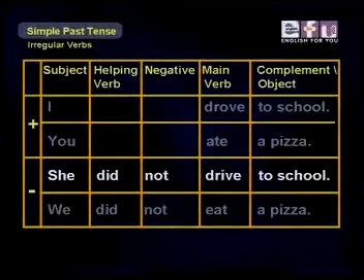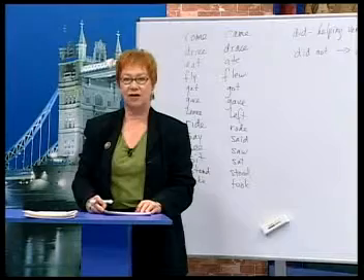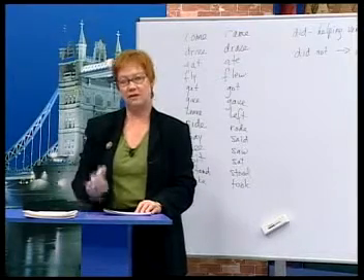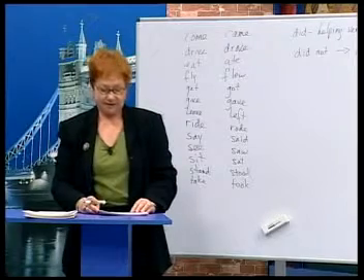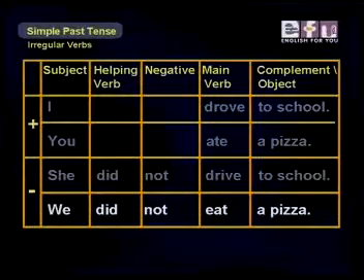She did not drive to school. And of course you could say she didn't drive to school. The other example is we did not eat a pizza. Subject, helping verb, negative, main verb, and object.